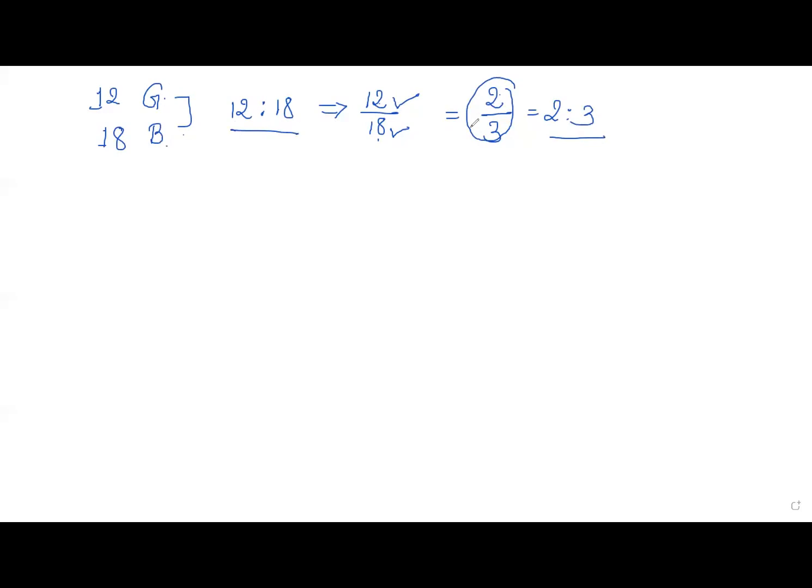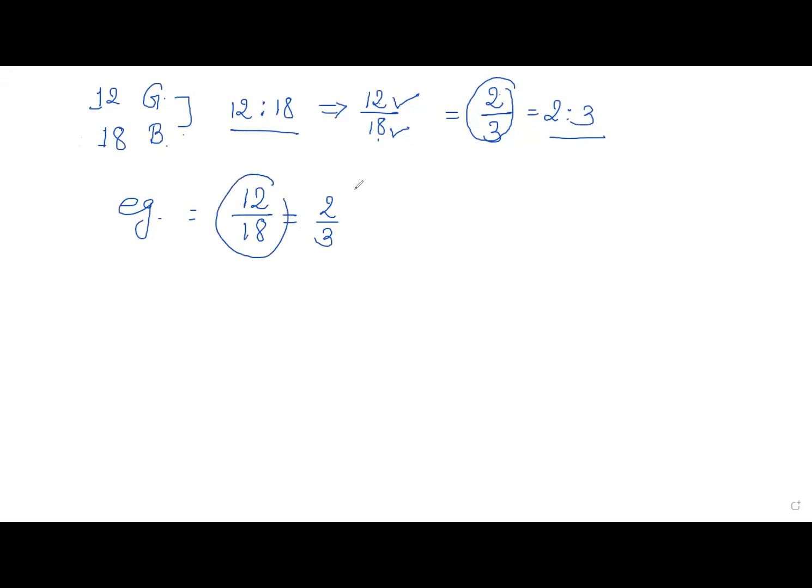Okay, then after that we are going to see a proportion. What is a proportion? A proportion is an equation stating that two ratios are equal. For example, I am taking the same example here, 12 by 18. 12 by 18 is equal to 2 by 3.